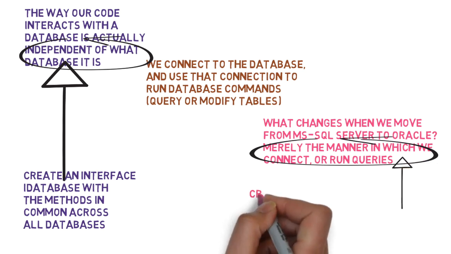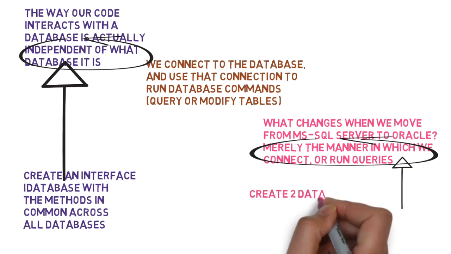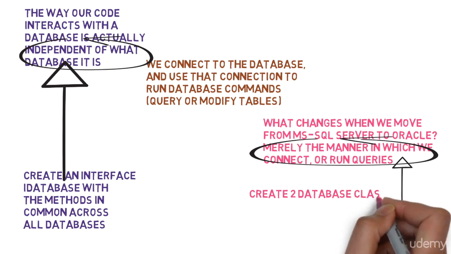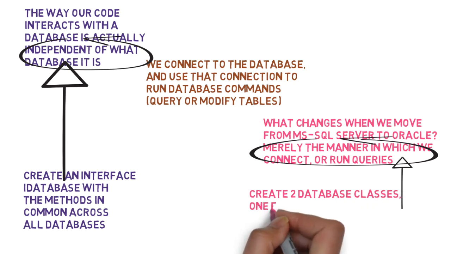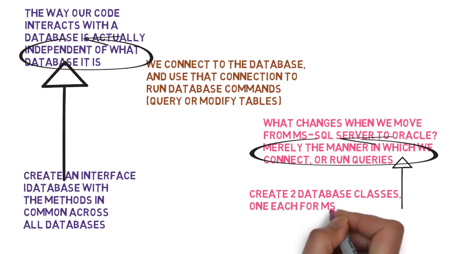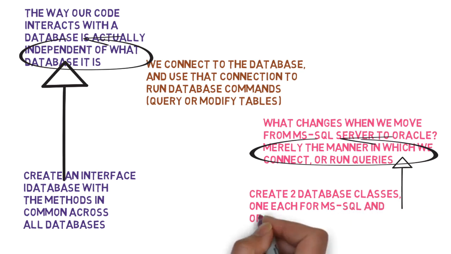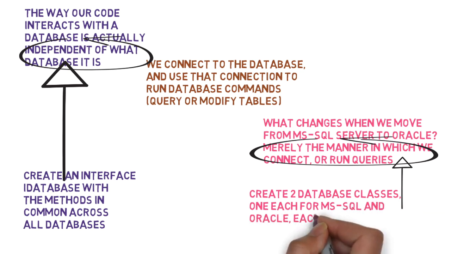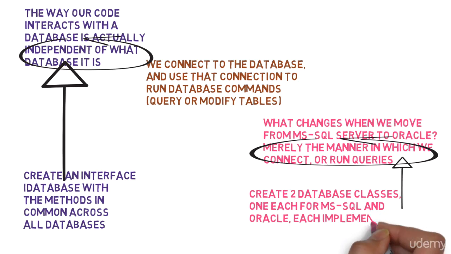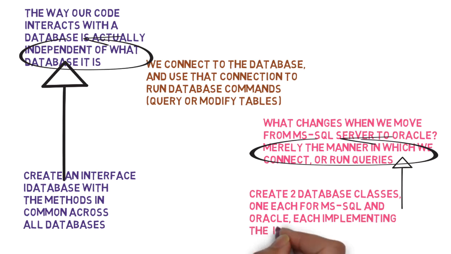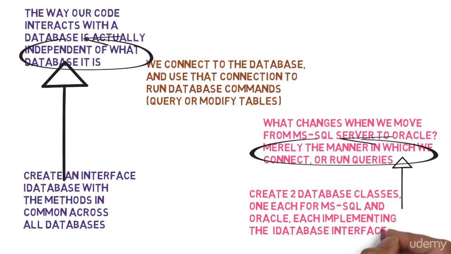This is an implementation detail. So we can create two database classes, one for MS SQL and the other for Oracle. And each of these classes can implement the iDatabase interface. So the actual technicality of how the connections are made will be embedded in the classes and not the interface.